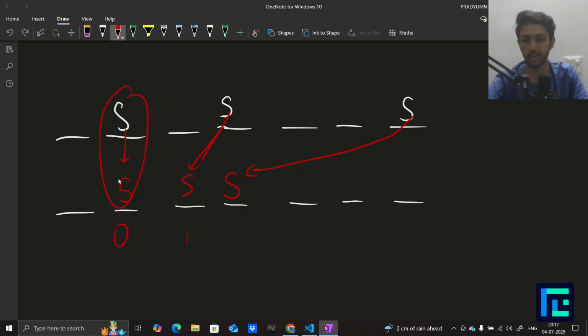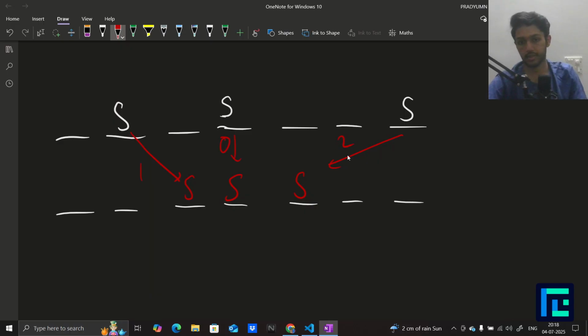But let us try another one. Let's say it was this. What is the answer for this? In this case, this one moved a single time, then this one moved 0 times, and this one moved twice.